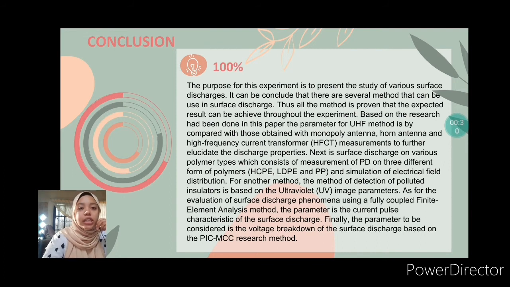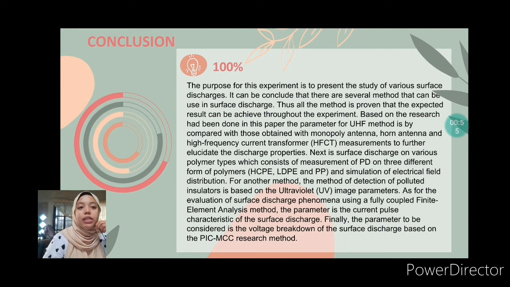Based on the research done in this paper, the parameter for the UHF method is compared with those obtained with a monopole antenna, horn antenna, and high frequency current transformer measurement, to further elucidate the discharge properties.